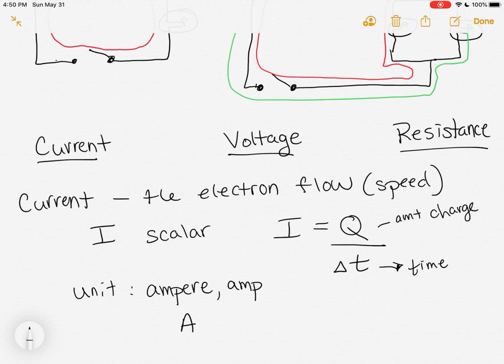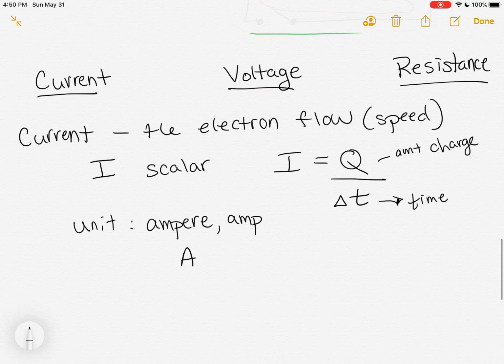Okay, and the unit symbol is a capital A. Okay, now, 1 amp is actually 1 coulomb per 1 second. Okay, so 1 coulomb passing by every 1 second is going to be 1 amp.